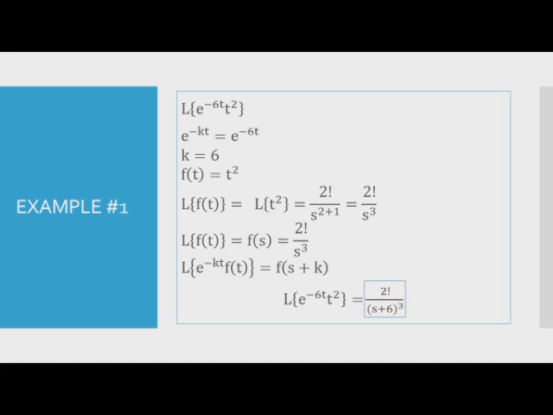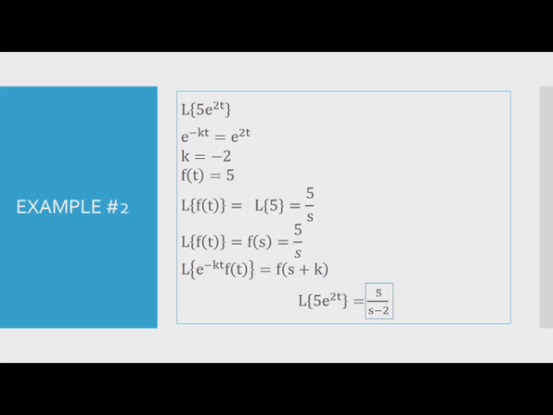F of s is equal to 2 over s cubed, and F of s plus k is equal to 2 over s plus 6 raised to 3. So the Laplace transform of e raised to negative 6t times t squared is equal to 2 over s plus 6 quantity cubed.